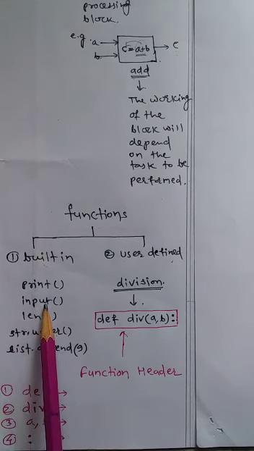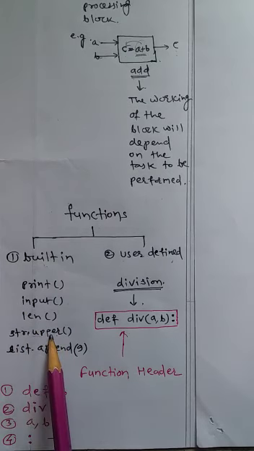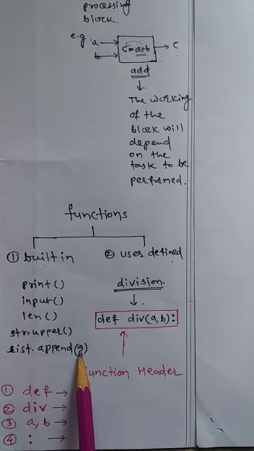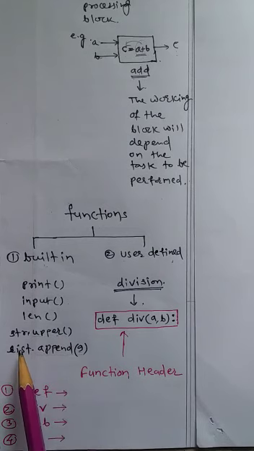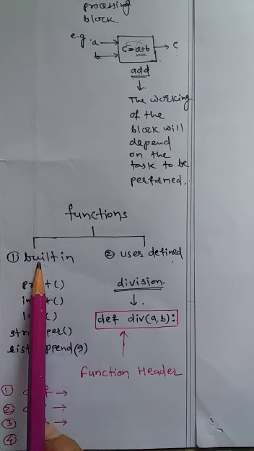To see the length of a string, we are using the len function. In a similar way, in strings we have a function called upper, which will convert the string into uppercase letters. We have used one function in lists which is called append. It will append a new element to the previously existing list. So all these functions are called built-in functions.